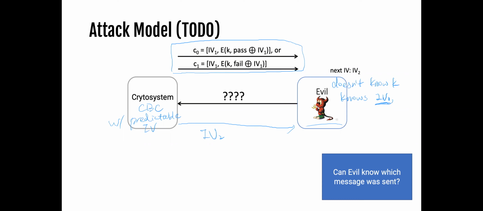Given that Evil knows that when the crypto system returns a message back to Evil, it's going to use IV2, which is something that Evil can already predict. So the question here is: can Evil construct this message well enough so that Evil will know which one of these two messages the crypto system sent before? Does it make sense to you?